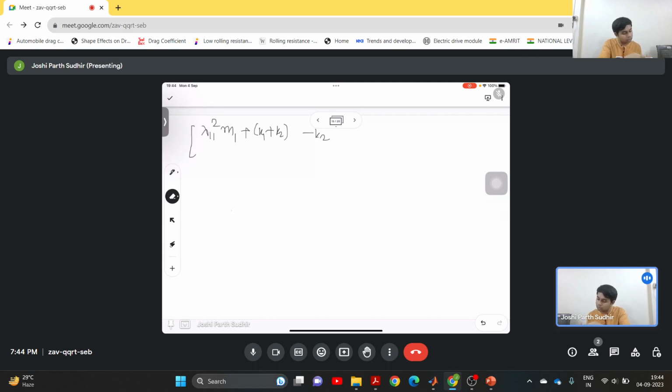Or if you want to generalize this, we can say lambda ij square m1 plus k1 plus k2, minus k2, minus k2, and lambda ij square m2 plus k2.